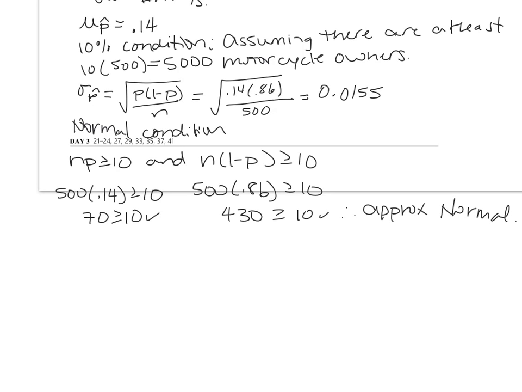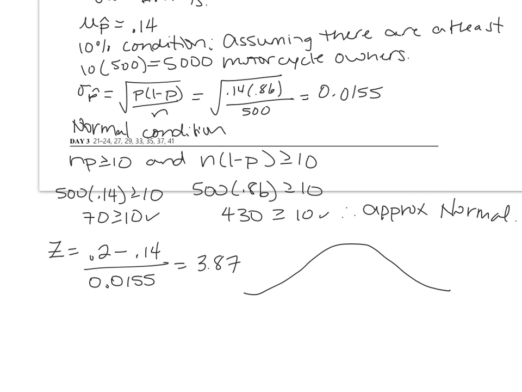Okay, so now we need to find the z-score. So z is equal to, and this is where we finally get to use p hat, 0.2 minus 0.14 divided by 0.0155. So we get 3.87. So we draw our curve.